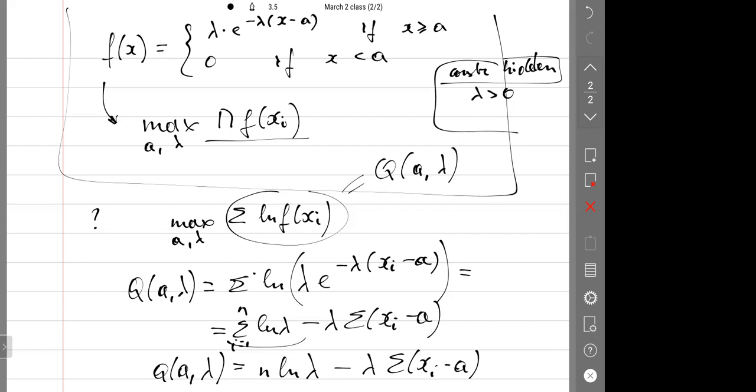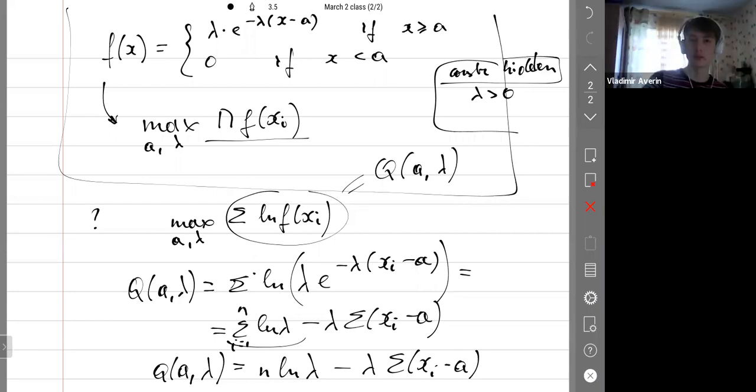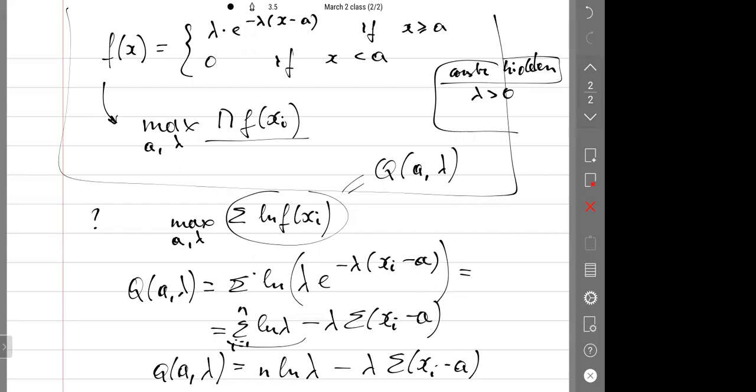So first, let's start from the constraints on the problem. As we have fallen into a trap, let's be very careful. Let's distinguish exogenous constraints and endogenous constraints.